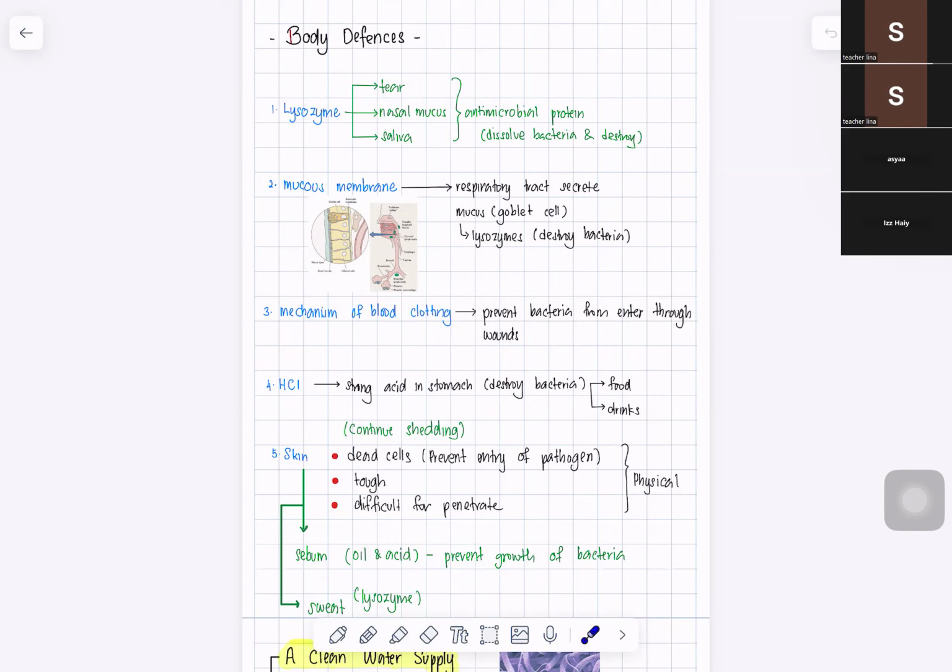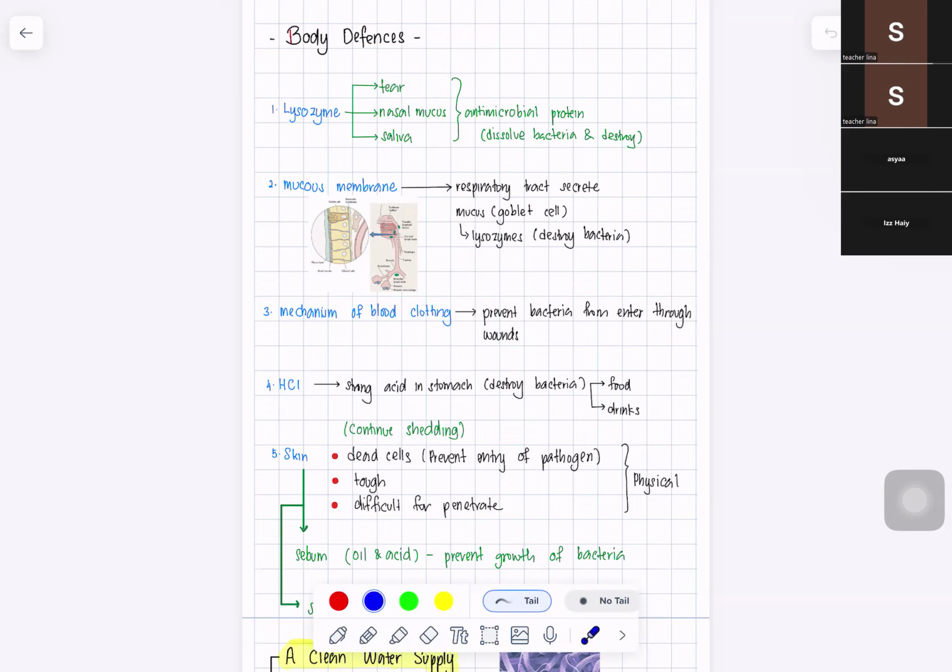Okay. Now on your screen, how many body defenses? 5. So can you list them down? What types of body defense do you have? Lysozyme, mucous membrane, mechanism of blood clotting, HCl, skin.